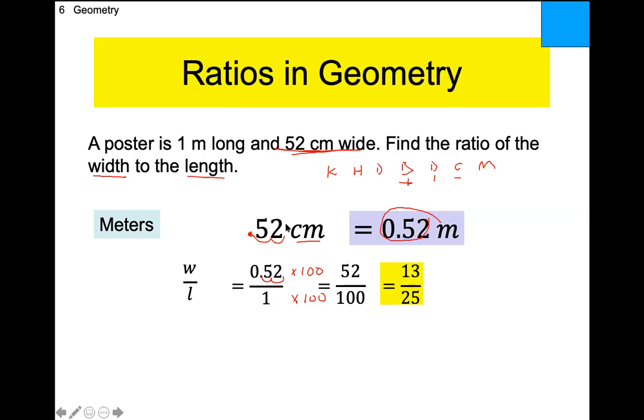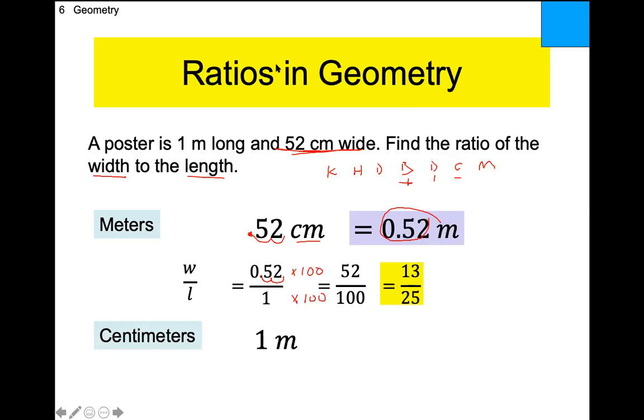What would have happened if instead of converting centimeters to meters, I went meters to centimeters? Well, let's see what happens. If I want to do the other conversion, convert 1 meter into centimeters, meters is right here.